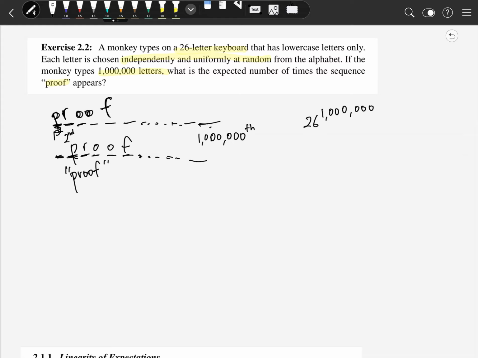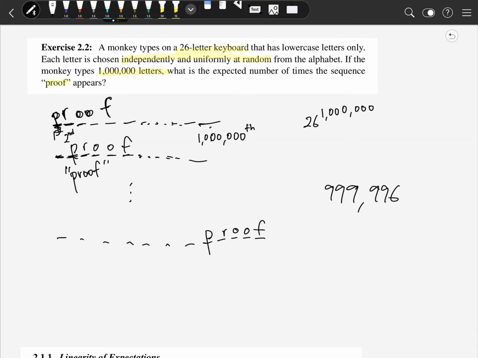And this can go on and on until the combination of letters in which the sequence "proof" appears in the last 5 letters. So the total number of cases when the combination of letters has only one sequence "proof" is 999,996.